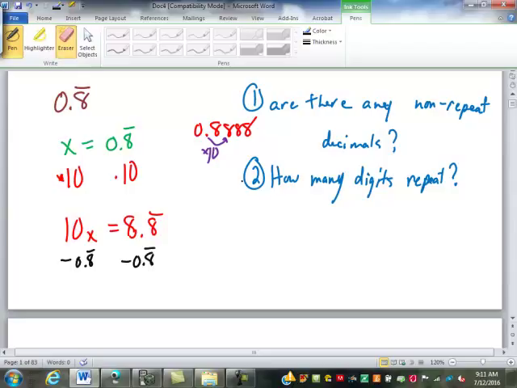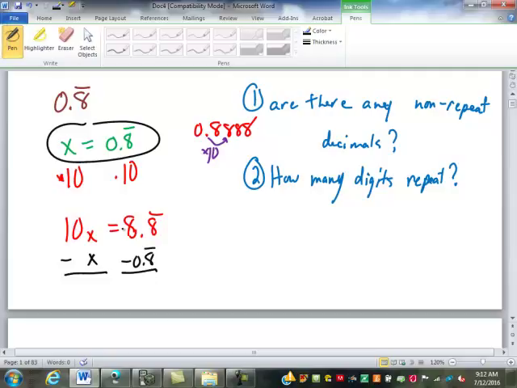But what I'm going to do here is I'm going to replace the 0.8 repeating with x, because x is equal to 0.8 repeating. So on this side, I'm going to subtract the 0.8 repeating. On this side, I'm going to subtract x. And I can do that because x is equal to 0.8 repeating. They're the same value.